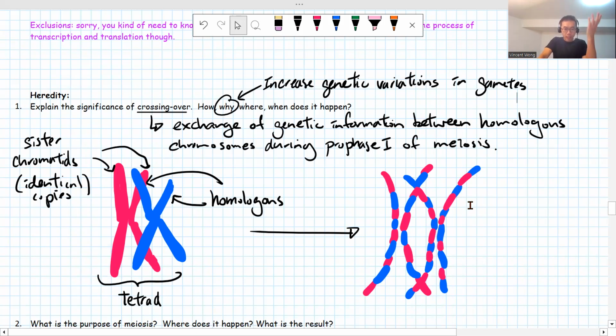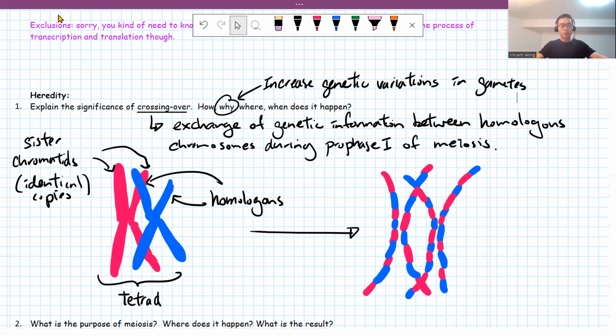In meiosis, you create genetically different gametes. That's why we have this recombination going on. You don't want this recombination happening in your bodily cells. In mitosis, we want to create a faithful copy of the original. So that is crossing over.